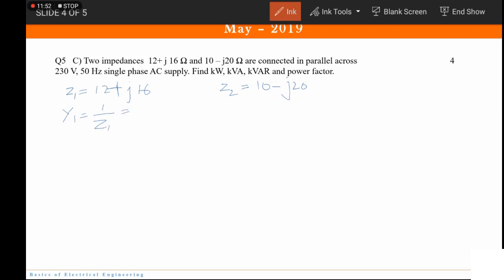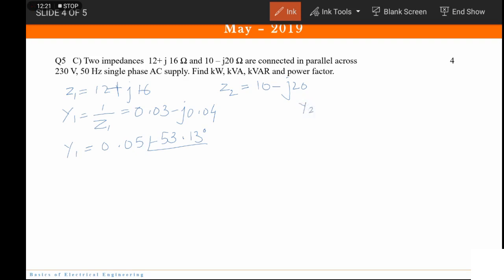So when I do that 1 upon Z1, I get the value to be 0.03 minus J 0.04. So this is in rectangular form. I will convert it into polar form and I will be getting 0.05 with angle minus 53.13 degrees. Okay, so I have done calculation for Z1 and Y1.